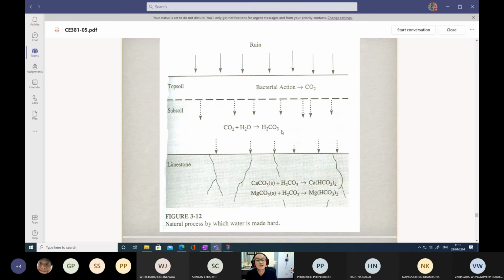Although they are weak acids, they are still powerful enough to cause limestone cracking or degradation, causing damage to the limestone. According to this figure, the limestone interacts with this carbonic acid and becomes calcium hydrogen carbonate.